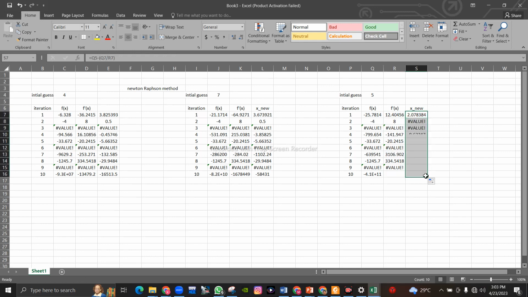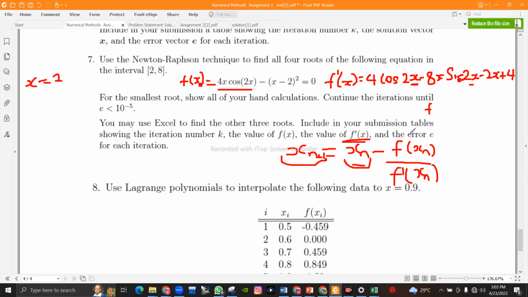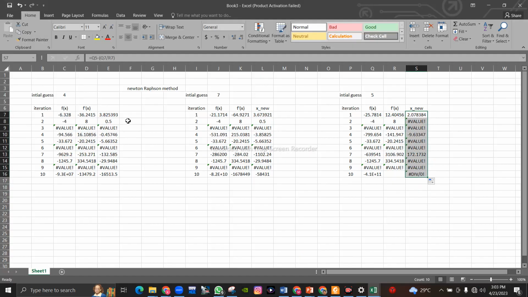So let's continue. Let's calculate the error for each iteration. Now error, which is E. We'll come back to all this mistake here. Our error is the absolute value of the final value minus the initial value.